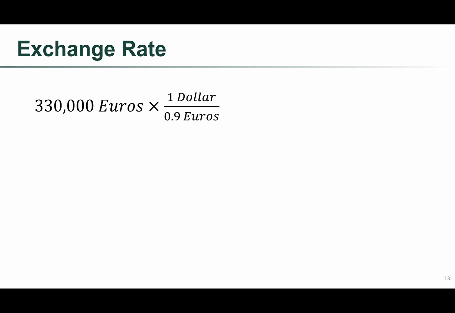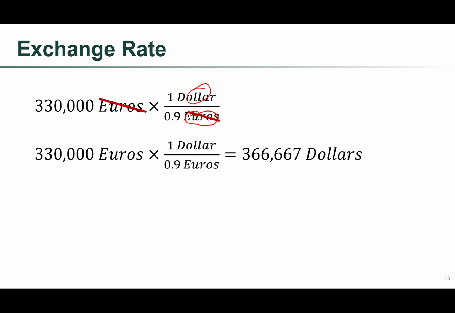We're converting from euros, so that goes on the bottom. We're converting to dollars, so that goes on the top. Units cancel. So now what we have is 330,000 times 1 divided by 0.9, which is $366,667.